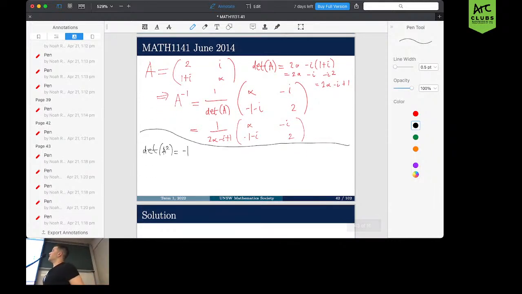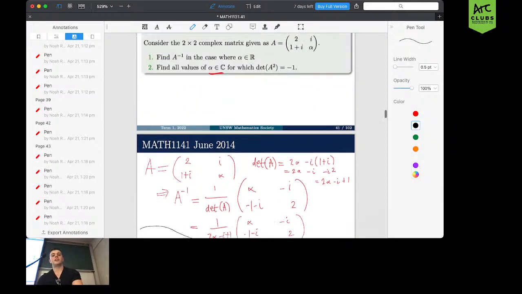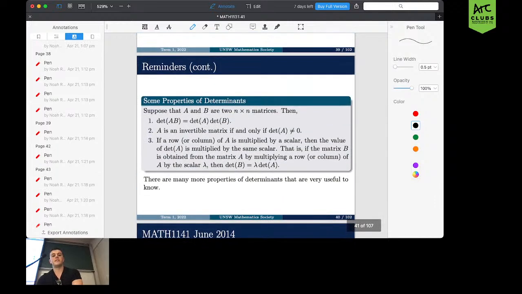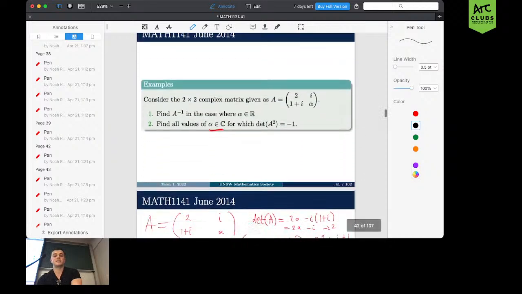You might want to note how A squared is really just A times A. So we could probably write this as det A times det A is equal to -1. Because you can do that. Because if you look up here, the determinant of the product is the product of the determinants.